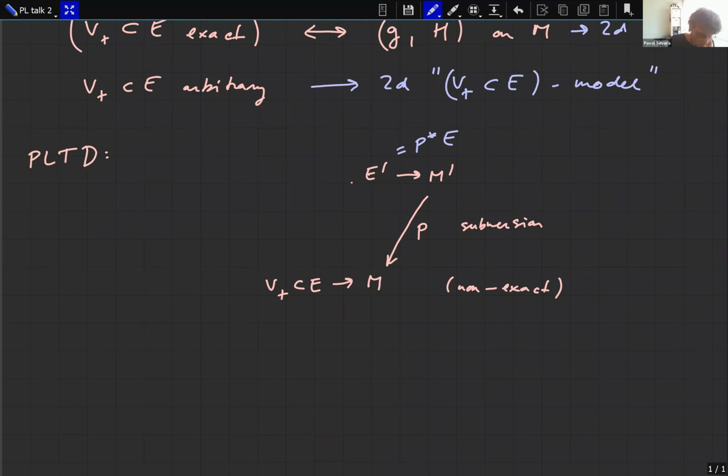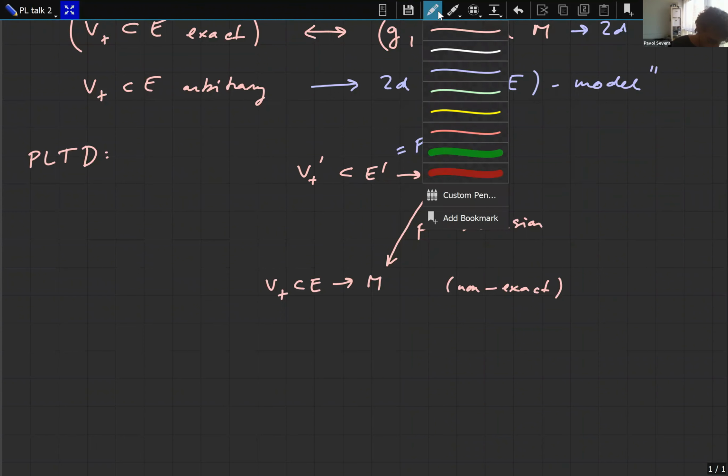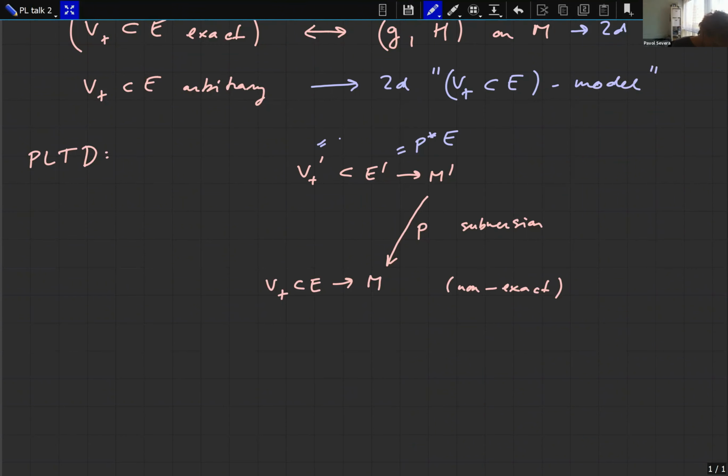So let's imagine that we pick one. This is part of the data. This is part of a choice that we equip E prime with a Courant structure. And then in E prime we have naturally this V plus prime, which is just the pullback, P star of V plus.